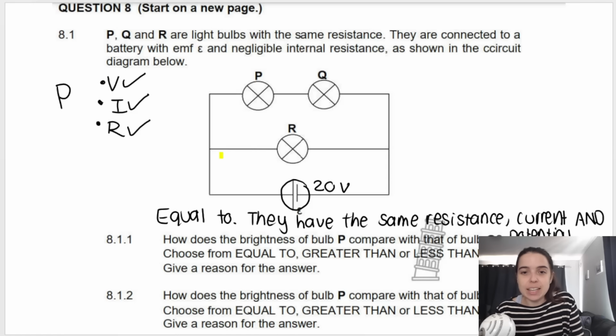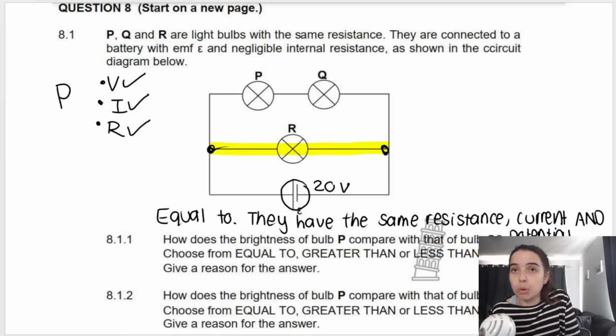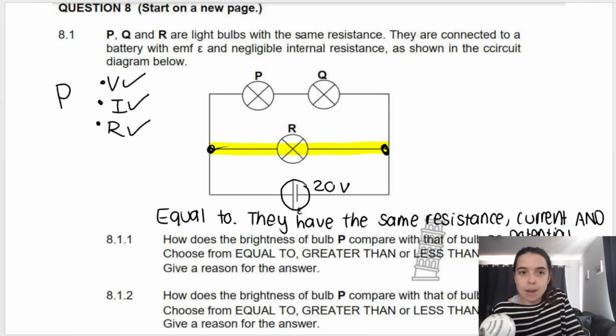What that means is that this branch has a potential difference. If I had to connect a voltmeter across this branch, it will have a potential difference of 20 volts, which means if I had to connect a voltmeter across resistor R, it would have a potential difference of 20 volts because it's the only voltmeter in that branch.